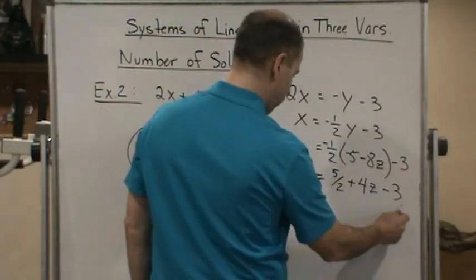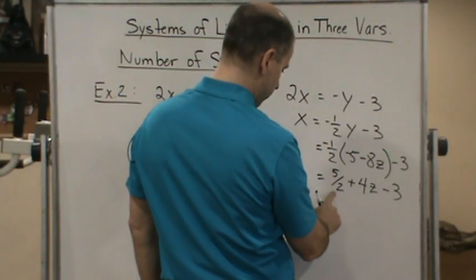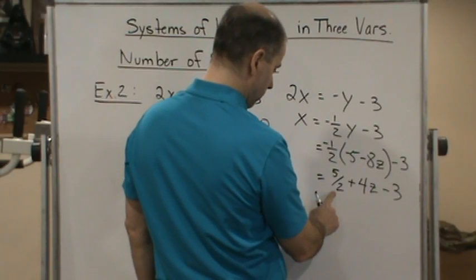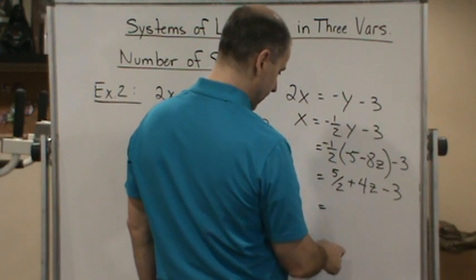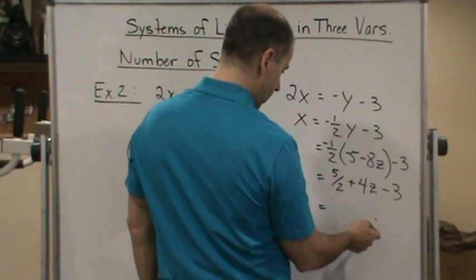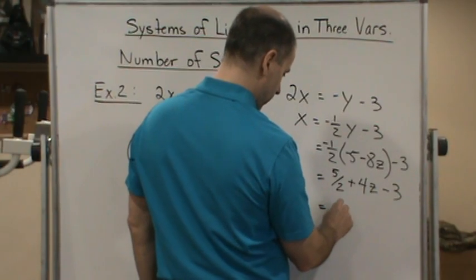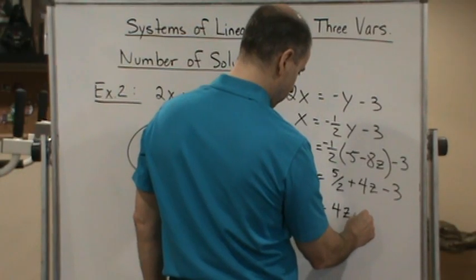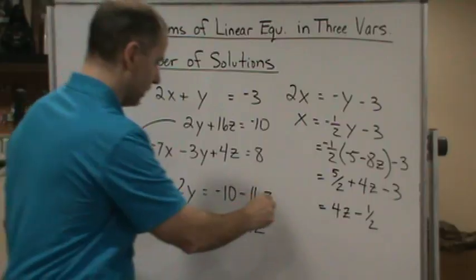And then let's simplify this. So we've got 2.5 here, right? 2.5 minus 3 is going to give us negative 1/2. So this is going to end up being 4z minus 1/2. All right, so that's x.